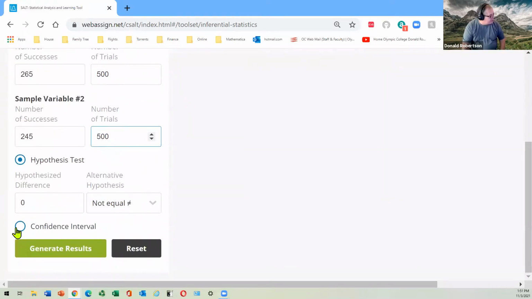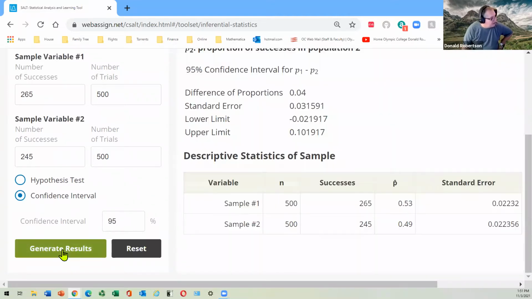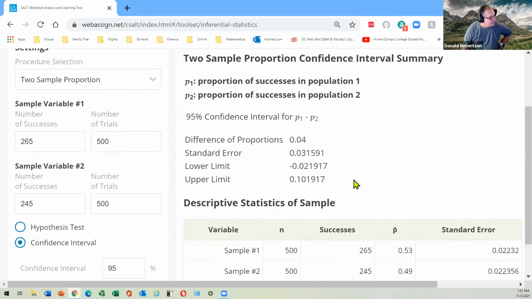You then scroll down and you hit this guy, confidence interval, and hey, that's the one I want, right? 95%. And then you hit generate results, and all the good stuff is over here. For instance, the difference between those two is 0.04.